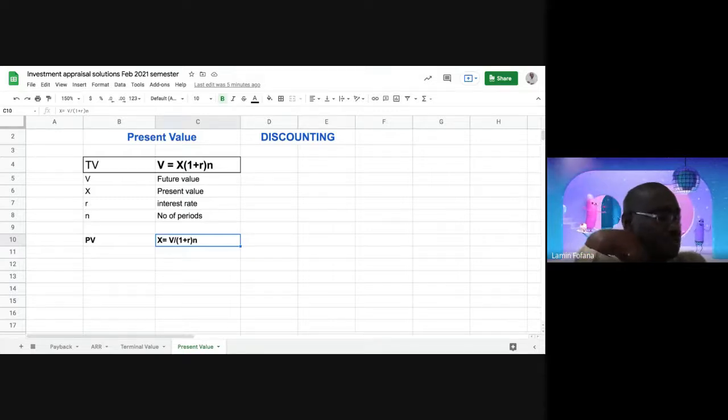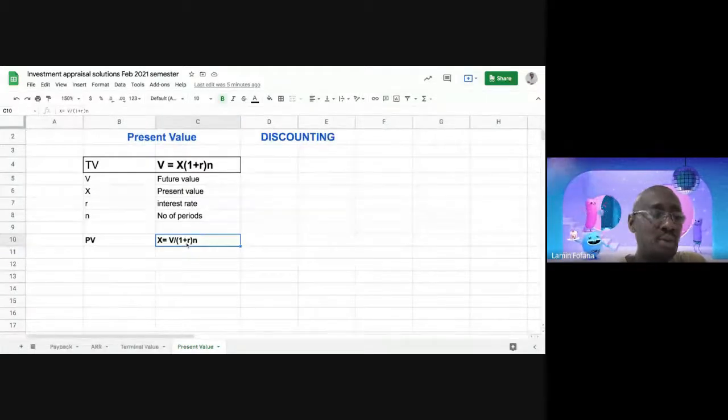So what you do is you take your 11,000, use your calculator, please. The 11,000 is your V, okay? Divided by your 1 plus R. The R here is how much? It's 10%. So R is 0.1. So 1 plus 0.1, which is 1.1. And then this is raised to power 1, since it's year 1.